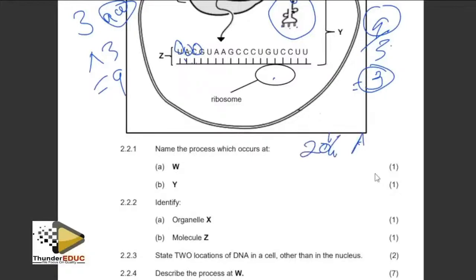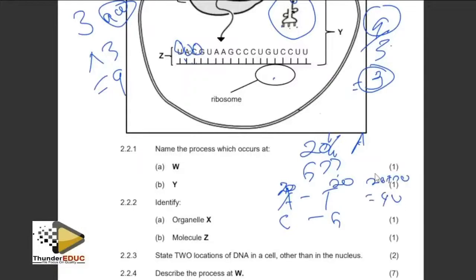What is the percentage of guanine? So you have to know this. If A is 20%, you have to know that A goes with T, C goes with G. So if A is 20, T is also 20. So 20 plus 20 is equal to 40.